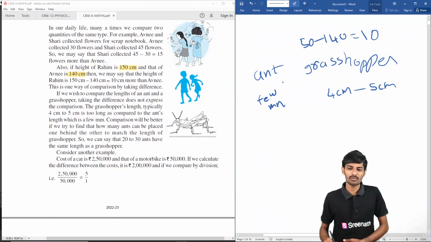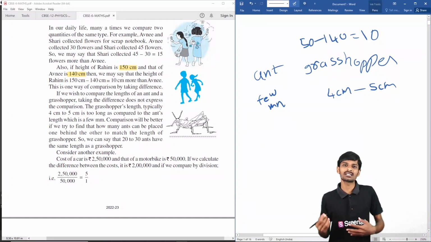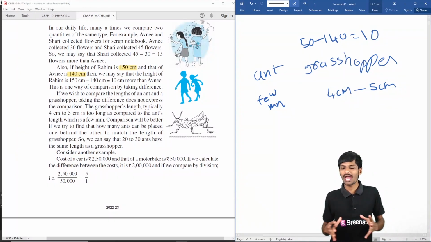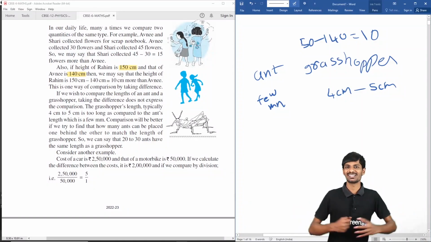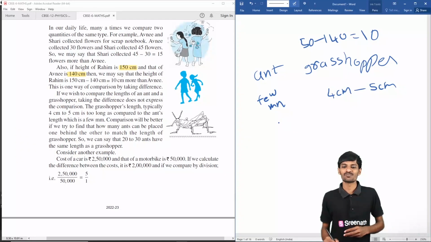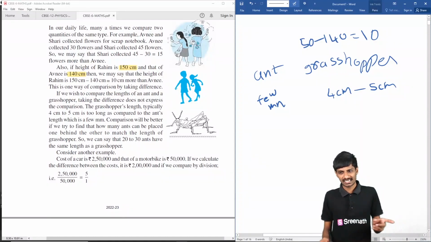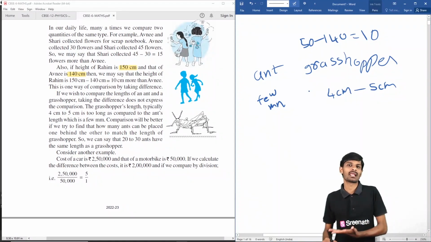So in this type of situation, you can't get a good idea about the comparison if you use the subtraction method. Then how to do it? It's so simple, students. Suppose there is a grasshopper with some length.